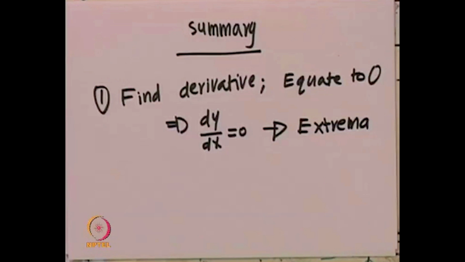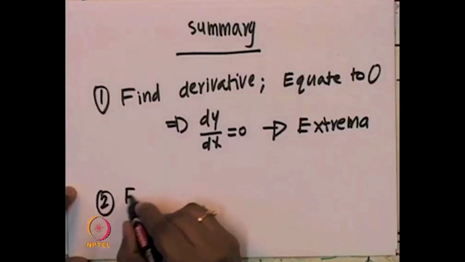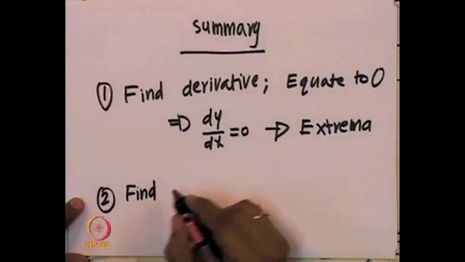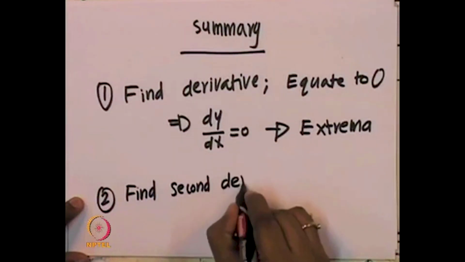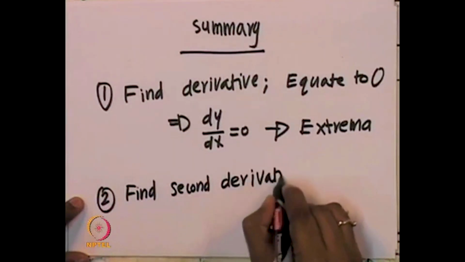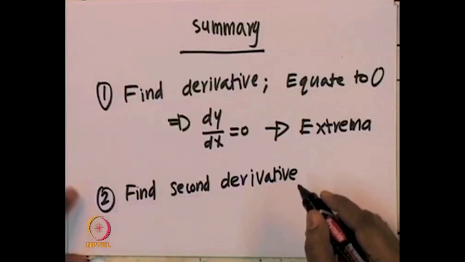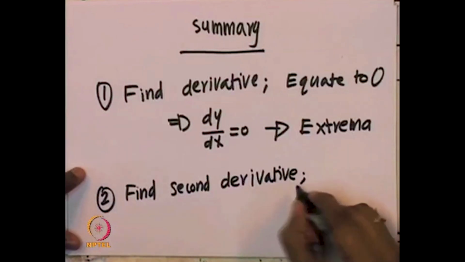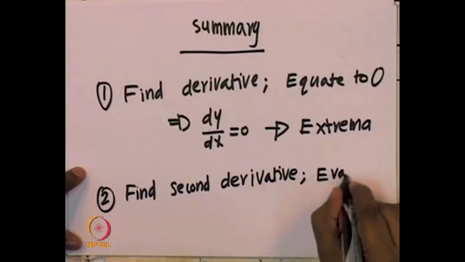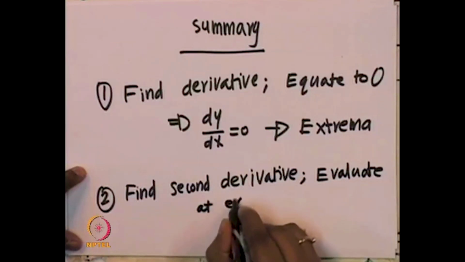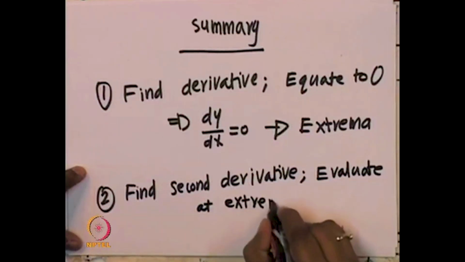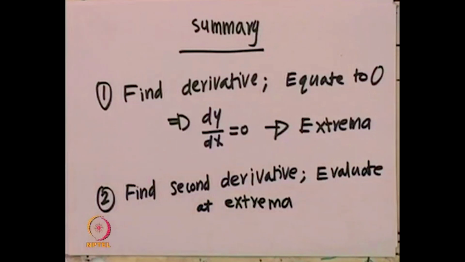Now the second thing we learned is to find the second derivative and evaluate it at the extrema, that is, evaluate the second derivative at these points.